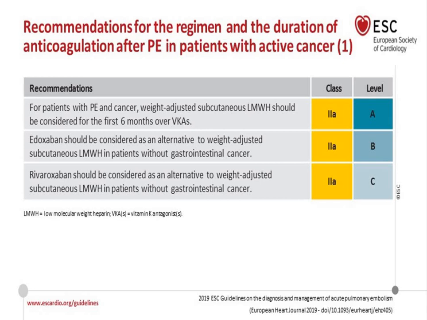Edoxaban should be considered as an alternative to weight-adjusted subcutaneous low molecular weight heparin in patients without gastrointestinal cancer. And rivaroxaban, in the same situation, should be considered as an alternative to weight-adjusted subcutaneous low molecular weight heparin in patients without gastrointestinal cancer.